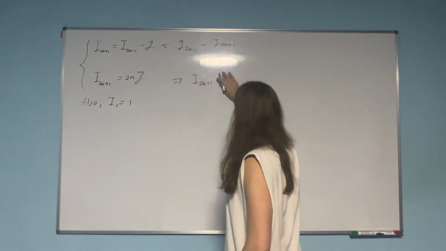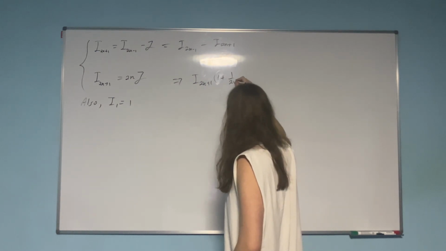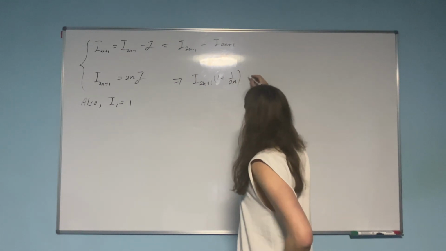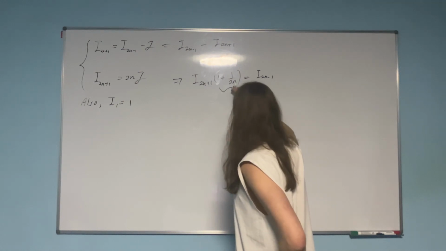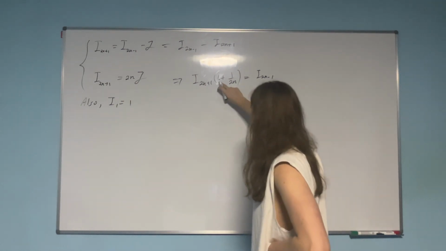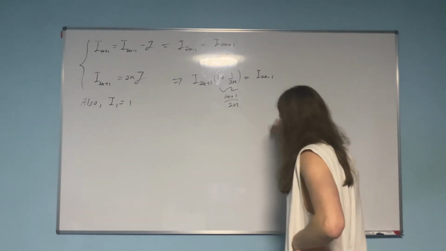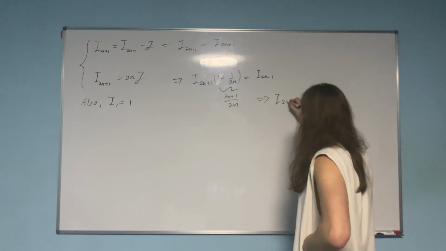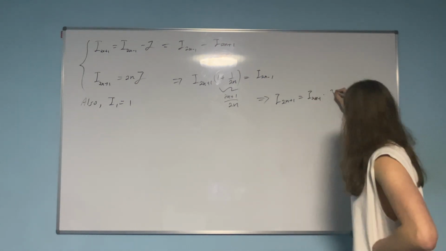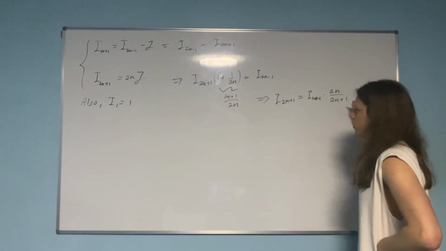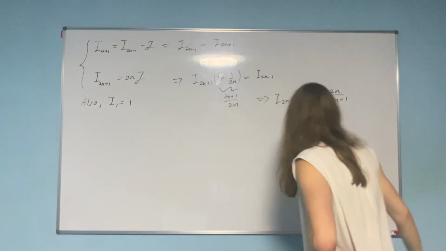I 2n plus 1 times 1 plus 1 over 2n equals I 2n minus 1, and this with common denominators would be 2n plus 1 over 2n, or I 2n plus 1 is I 2n minus 1 times 2n over 2n plus 1. So combining this with I1 being equal to 1, we're basically done.